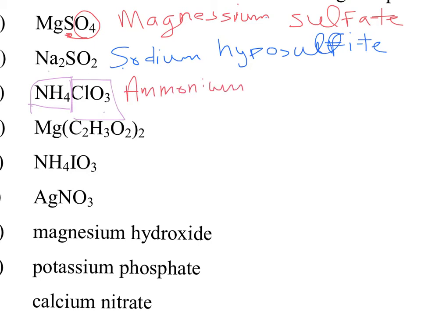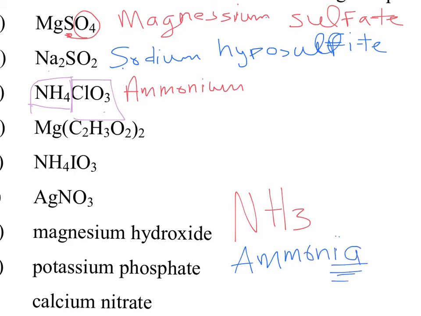And again, the only one I've asked you to memorize that's any different is NH3, and this is ammonia. It ends in IA versus IUM, okay? All right, and then continuing to answer this one at the top, it is ammonium, and then ClO3, hopefully you recognize that as chlorate. So ammonium chlorate, okay?